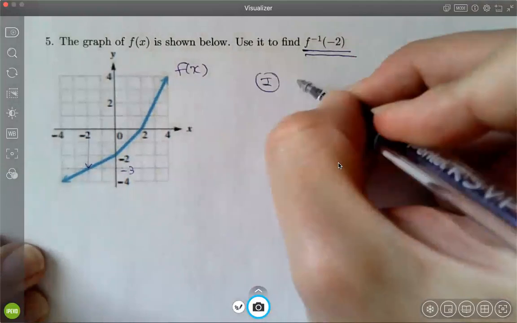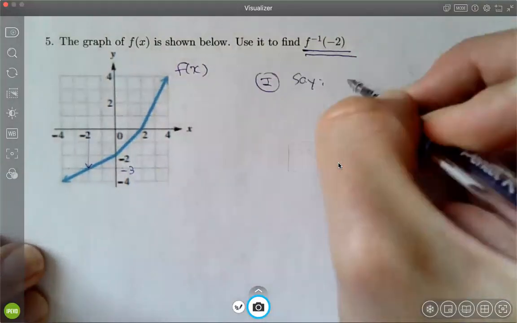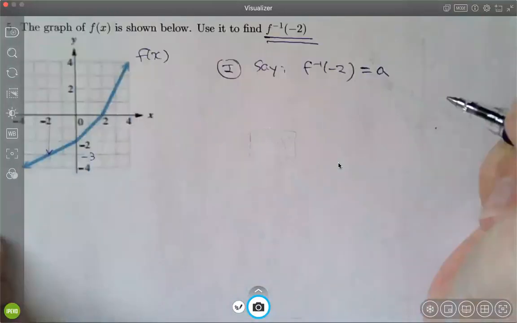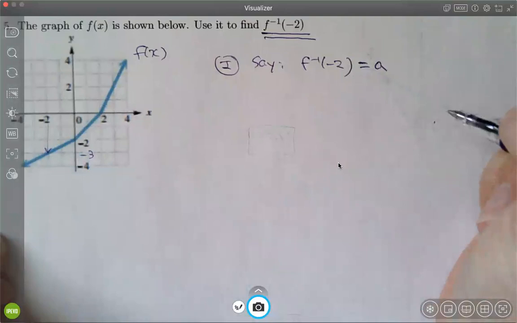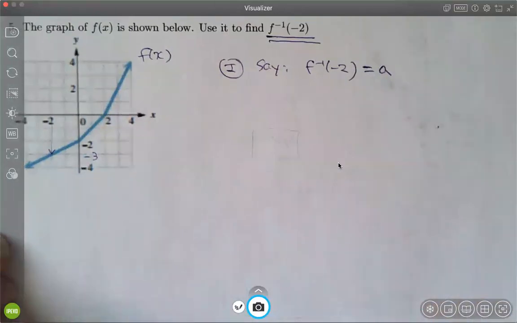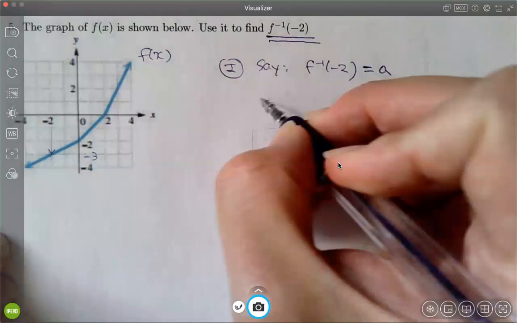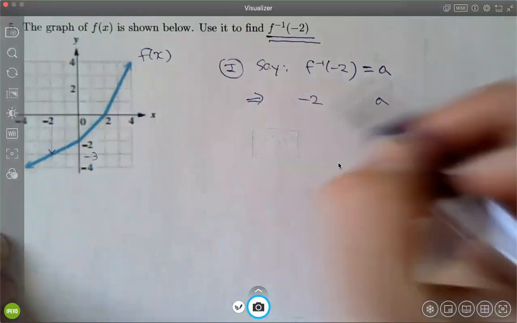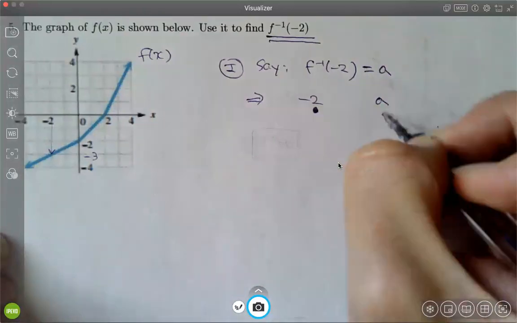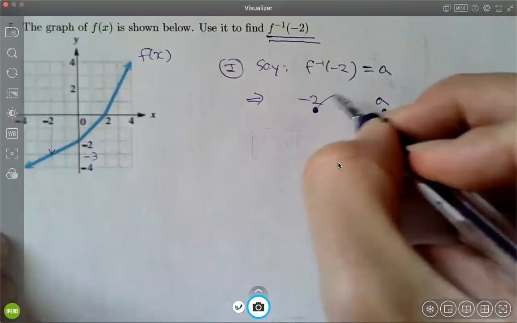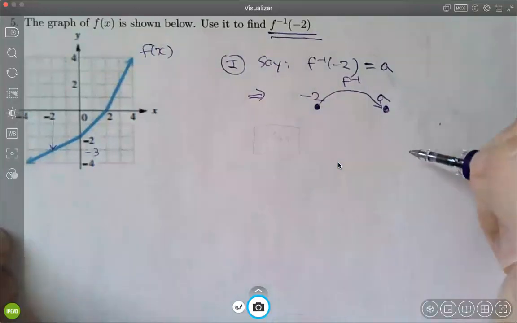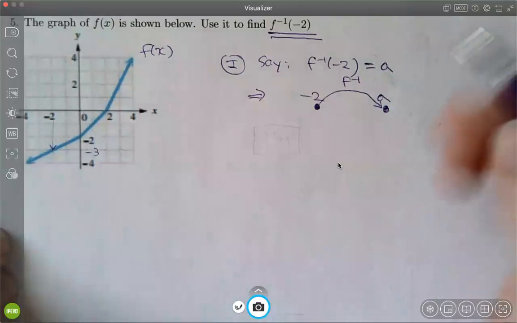Let's just say f inverse of -2 is equal to, say, a, where a is a number. Okay, so now what does this imply? Here are the two values, -2 and a. To go from -2 to a, we are taking the f inverse route. So that's the representation of this expression, right?